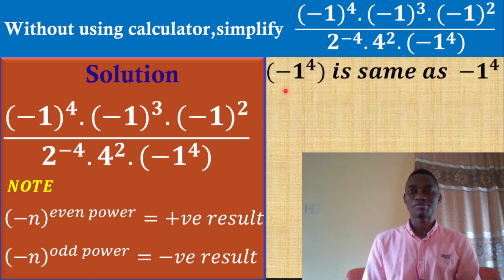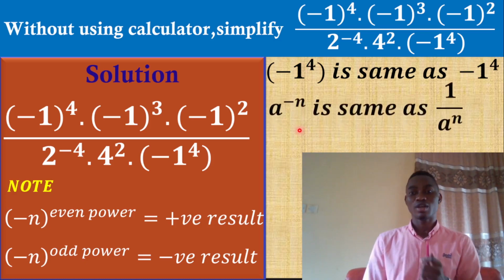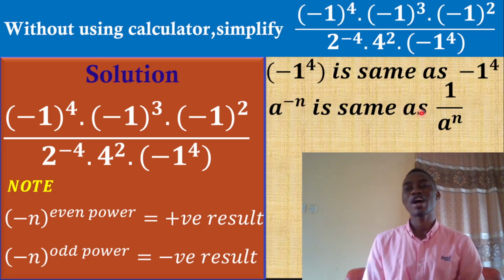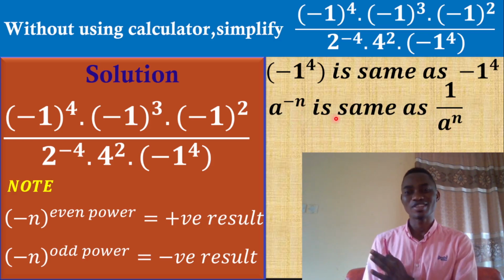Then (-1 raised to power 4) in a bracket is the same as just -1 power 4. So don't be deceived by this bracket. Finally, a raised to power of minus n is the same as 1 all over a raised to power of n. This is indices.